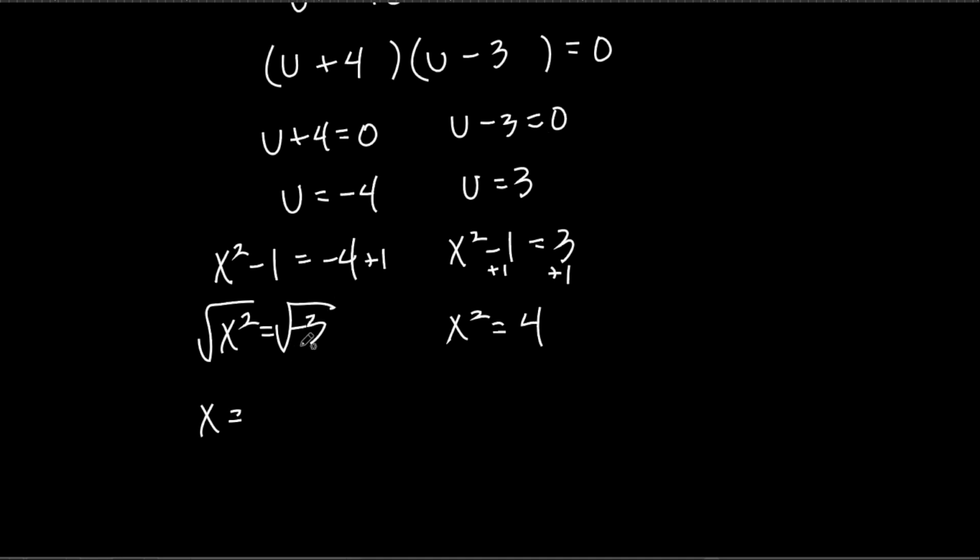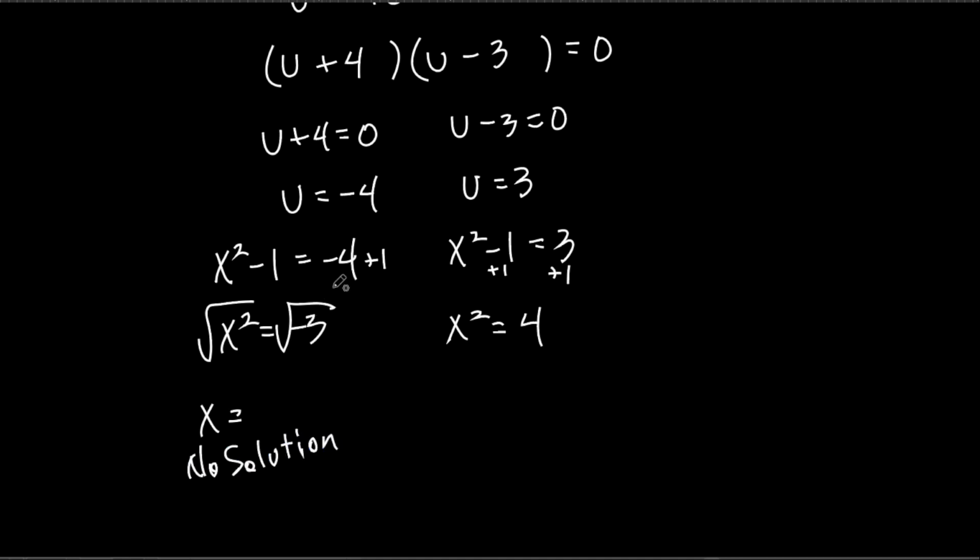So can you get a real number out of the square root of negative 3? Is there a real number times itself that's equal to negative 3? There's not. So what do we say as far as this part of it goes? There's no solution, right? But we still have another part though, don't we?